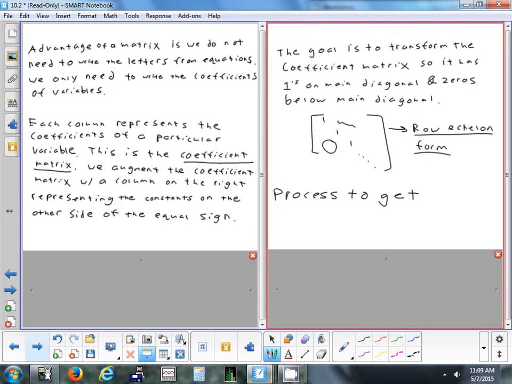Okay, and the process to get your matrix in row echelon form has a name.